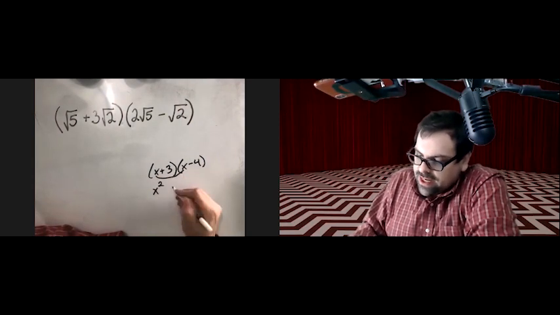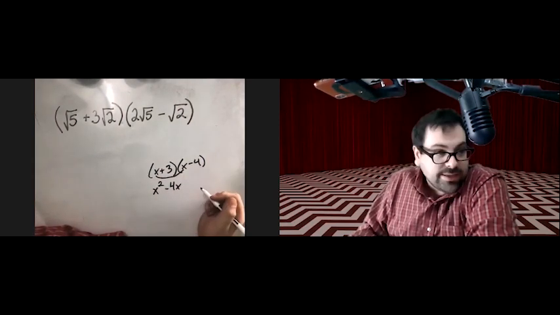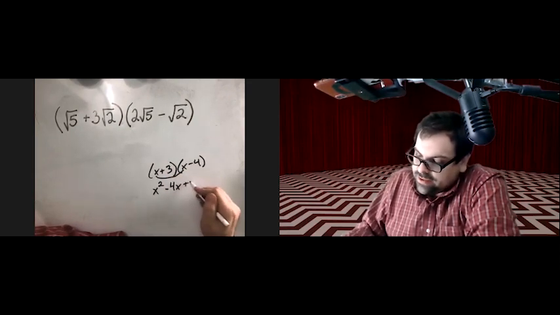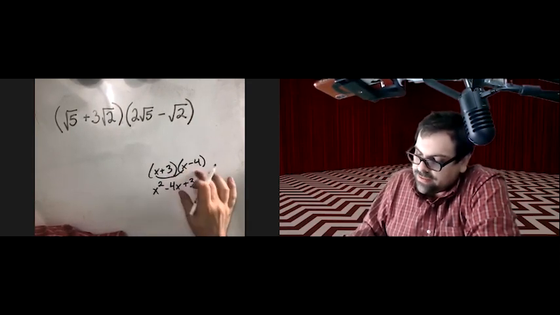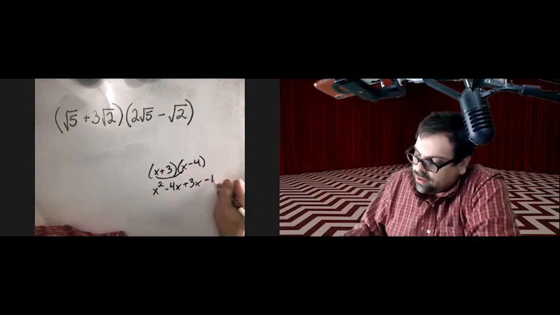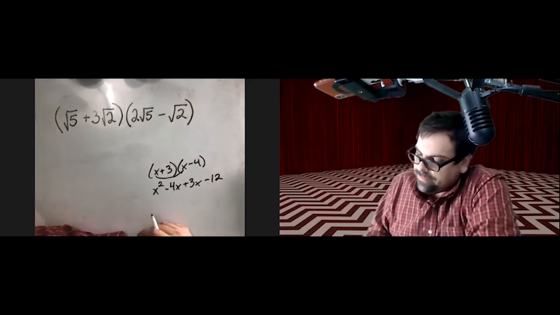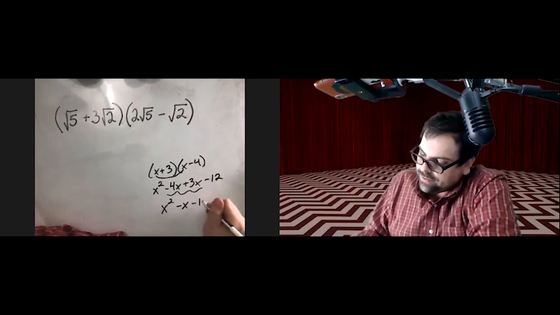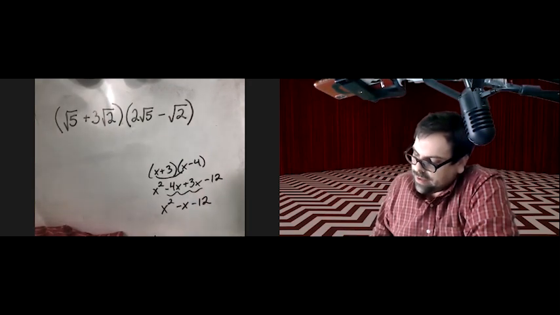Outer, x times negative 4 is negative 4x. Inner, positive 3 times x, positive 3x. Last, positive 3 times negative 4, negative 12. Then we'd combine like terms. Minus 4x plus 3x, that's negative x. Minus 12.